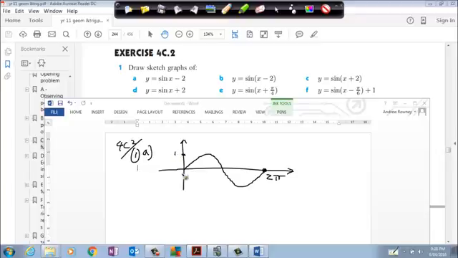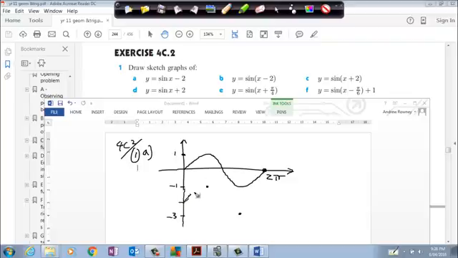And to do sine x take 2, we just put in some measurements. That goes from 1 down to -1. So if we're going to do sine x take 2, we drop everything down by 2. So this 1 would come down to here. This -1, if you drop it down by 2, would come down to -3. And this 0 would come down to -2.